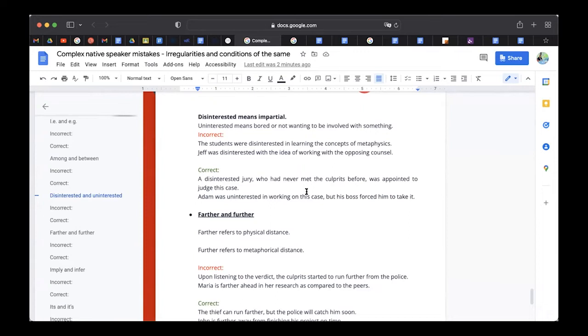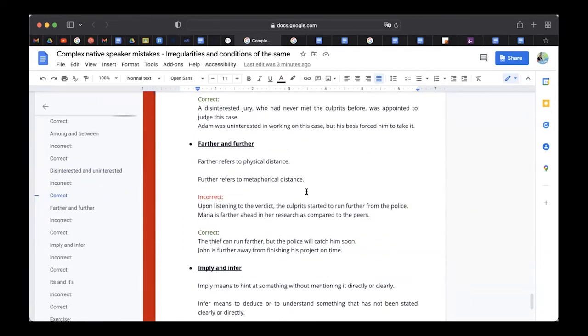When you use farther, it is actual distance that you can probably measure in kilometers, in meters, in miles, in nautical miles, whichever unit, because it is actual physical distance. Whereas when you use further, further has nothing physical in it. It has no unit that you can measure it with. It just talks about a figurative or a metaphorical distance between the two things that you're talking about.